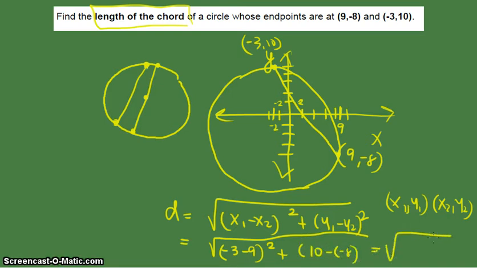So negative 3 minus 9 is negative 12, squared, plus 10 minus negative 8 is 18, so you have 18 squared. And then we simplify that.